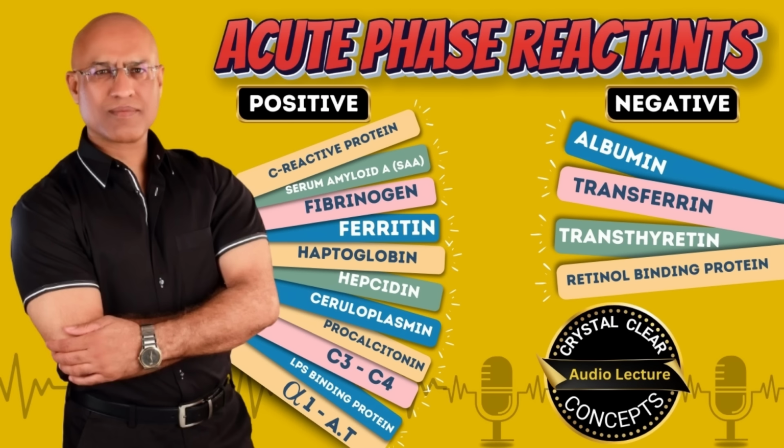Then another thing. Not only does the liver increase production of haptoglobin to catch the hemoglobin and preserve its iron, the liver also produces another very important protein. This is called ferritin. Plasma ferritin levels also go up.